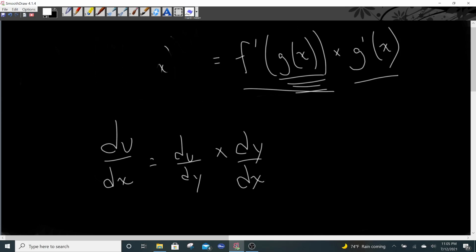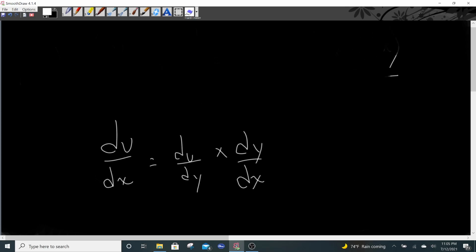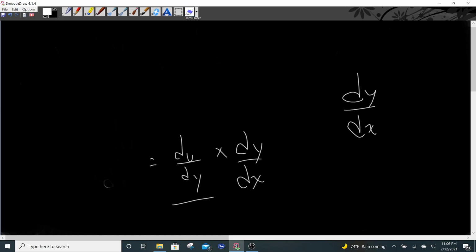You are saying, hey, if we know that y, or we actually don't know, but we're thinking, hey, maybe y is a function of x, then we can say, if y is a function of x, let's just try and differentiate it normally, but acknowledge that since y is not explicitly defined as a function of x, we would have to multiply it by the derivative of y with respect to x, just to make sure that we understand that y is not explicitly defined as a function of x.